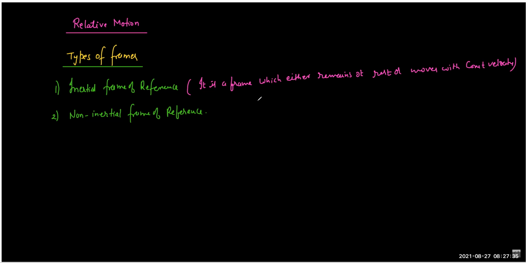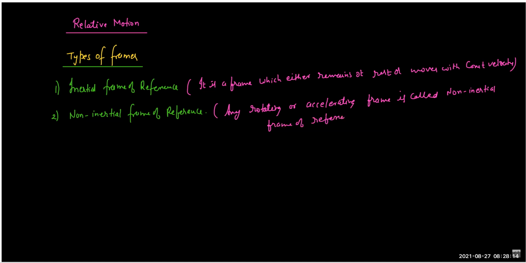For the rest of the cases, we call it a non-inertial frame. So we say that any rotating or accelerating frame is called a non-inertial frame of reference.